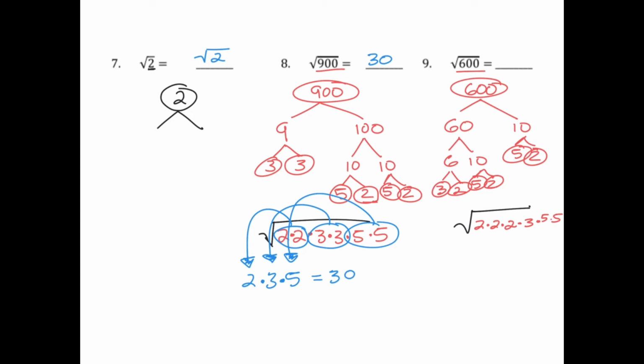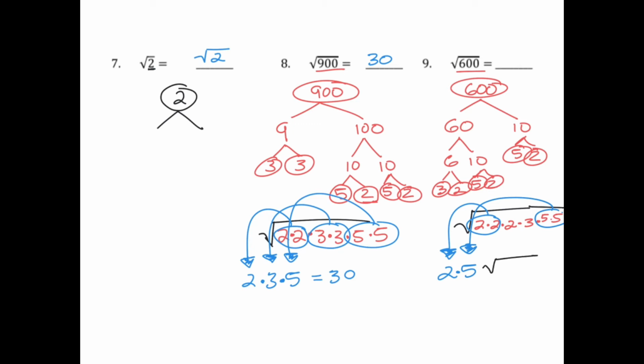We're going to use the same rule. Every pair of 2's comes out as one 2. Now I have another 2, but it doesn't have a pair, so it's going to stay inside. Same thing with the 3, because it doesn't have a pair. But the 5's will come out, and those will multiply each other.